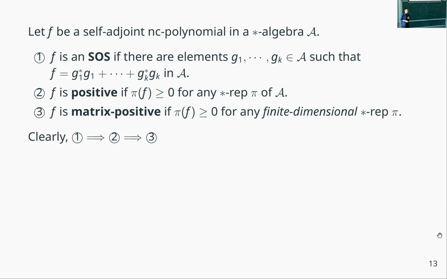So the question is, what is the relation between these? Do we have 2 from 1, or do we have 3 from 2? Whether every positive polynomial can be written as a sum of Hermitian squares, and whether a polynomial is positive if you only need to verify it on finite dimensional representations.